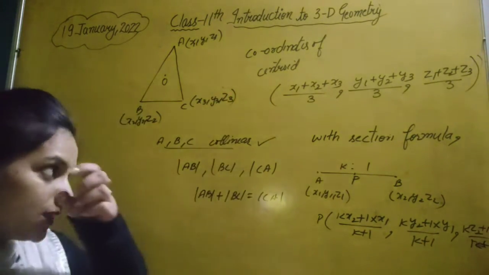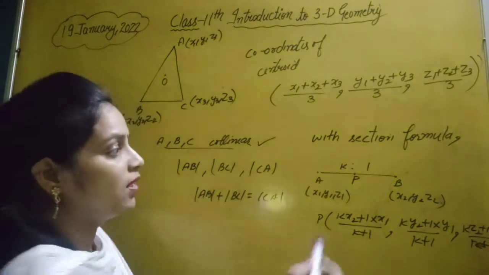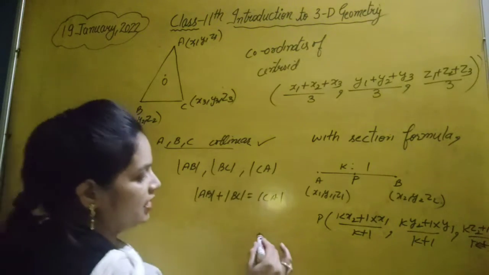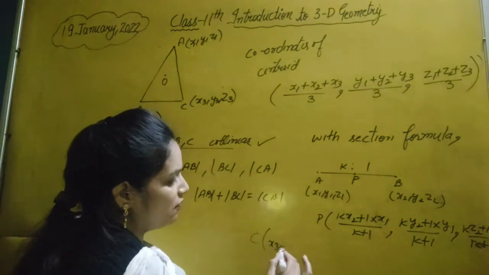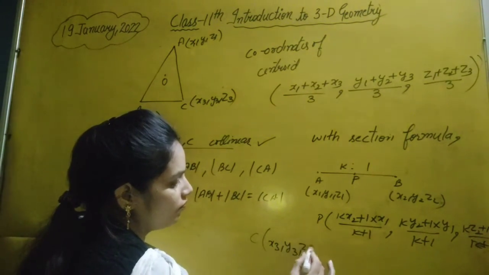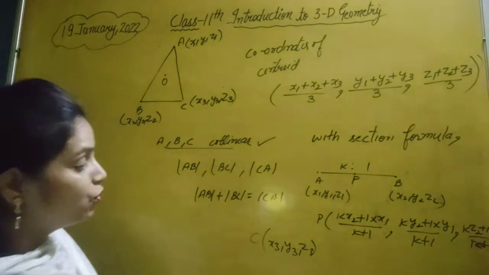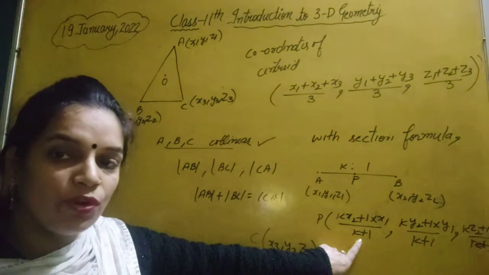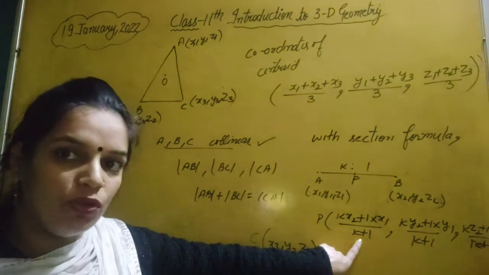Then we will assume the point C, which we have to show collinear, has coordinates x3, y3 and z3. We will assume this point satisfies the x coordinate of the point P for some value of k.